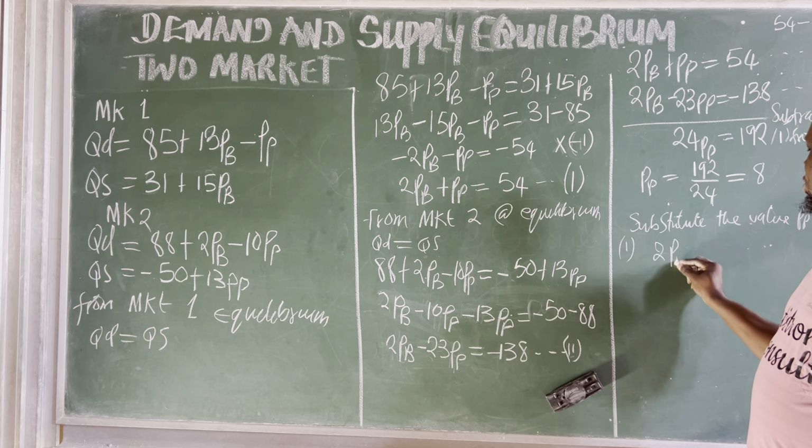Is it not? Which means that 2PB plus, we have obtained PP as 8, so plus 8 will be equal to 54.